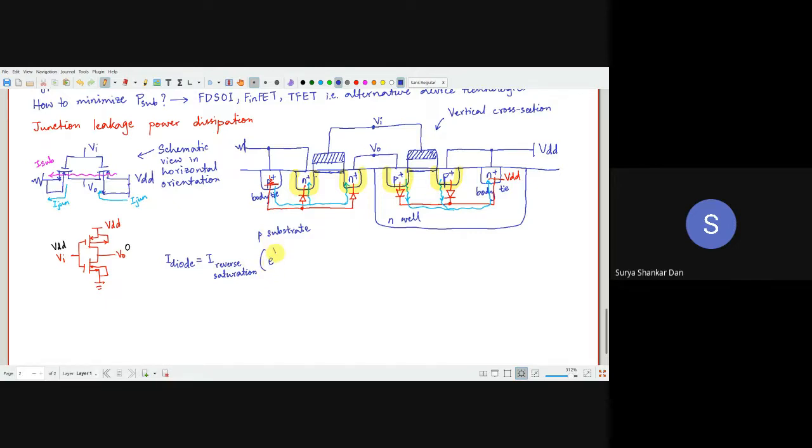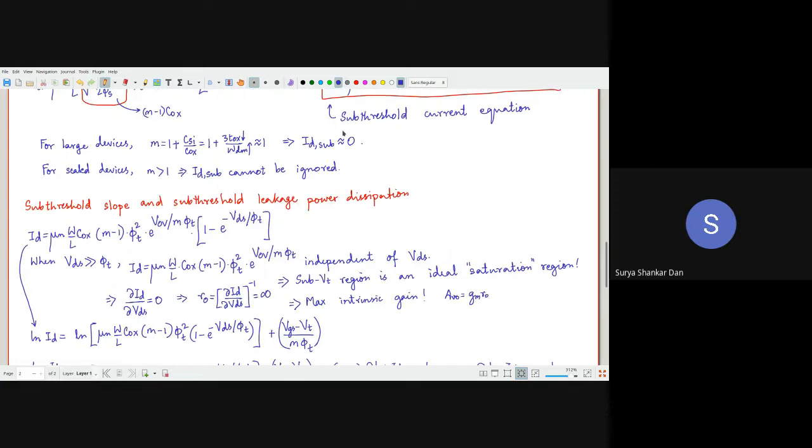E to the power of V applied divided by eta. Eta is the ideality factor depending on which material you're choosing, to phi t minus 1. This is a typical diode equation, right?